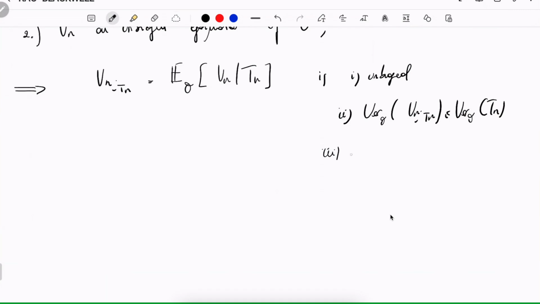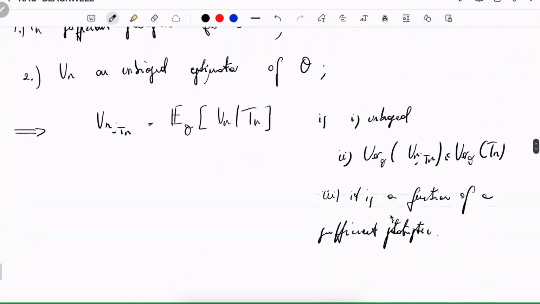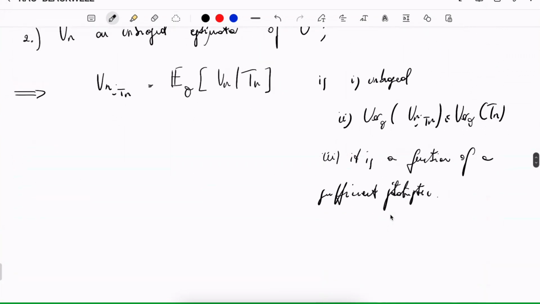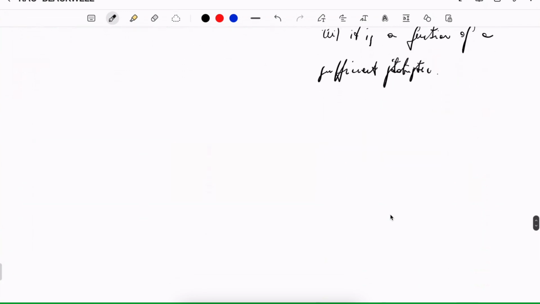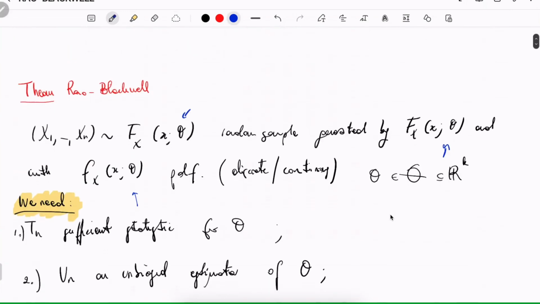And then 3, it is a function of a sufficient statistic, and by sufficient statistic we mean a statistic whose conditional PDF does not depend on the parameter. Right? So that's the theorem, that's the claim.